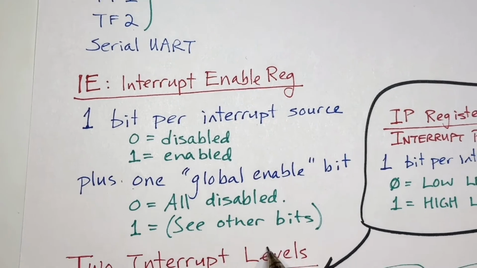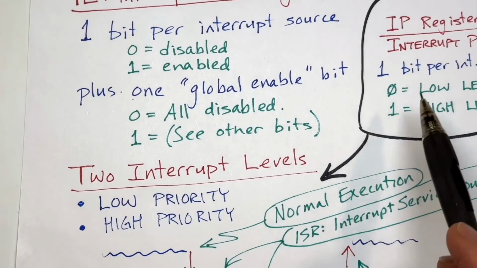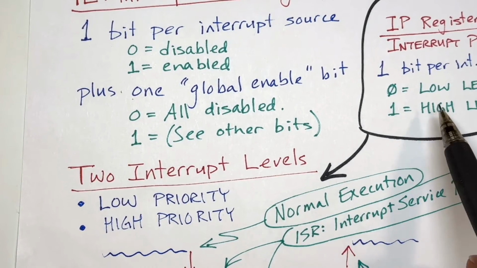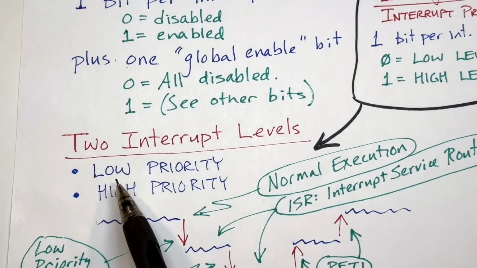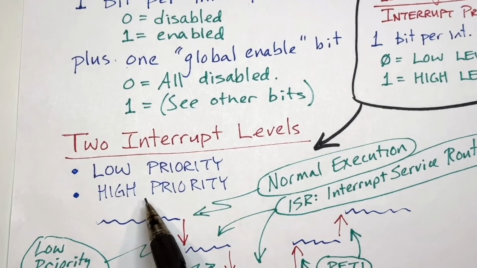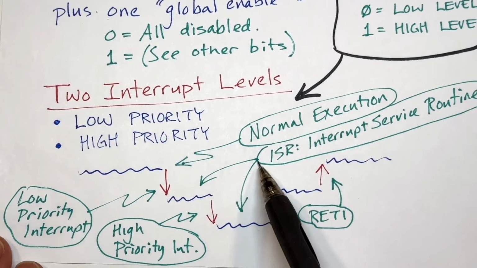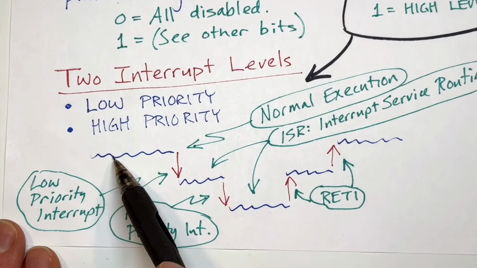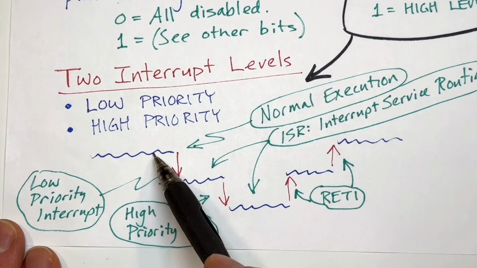Now there are two different priority levels, and that's the interrupt priority stuff going on here. So we have a low priority and a high priority. Let me explain that this way. This shows execution of some code.